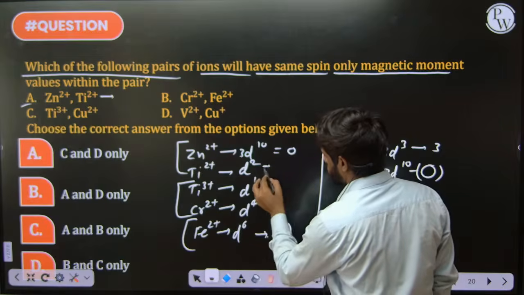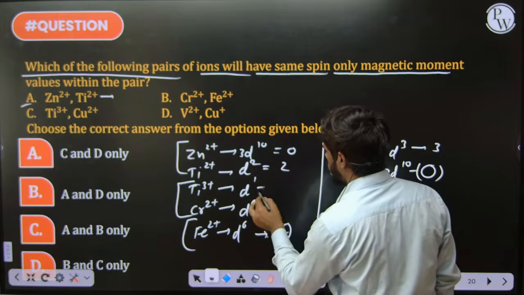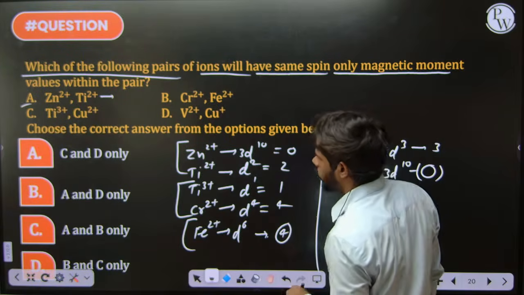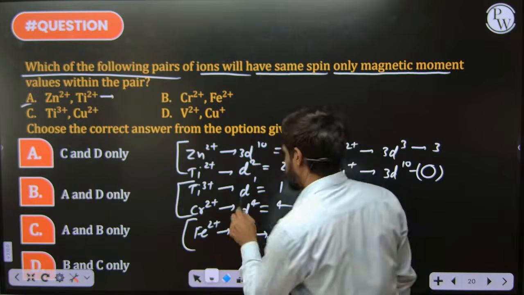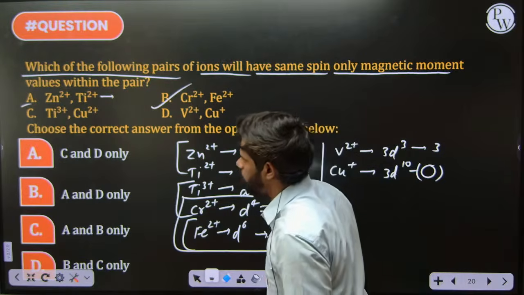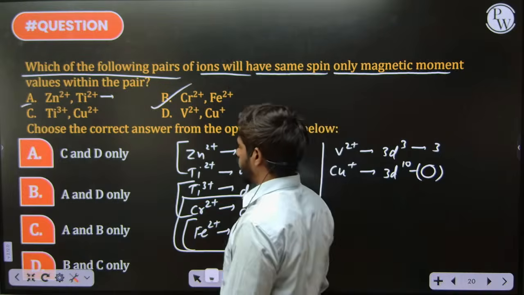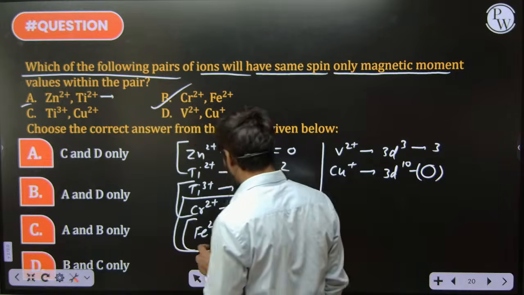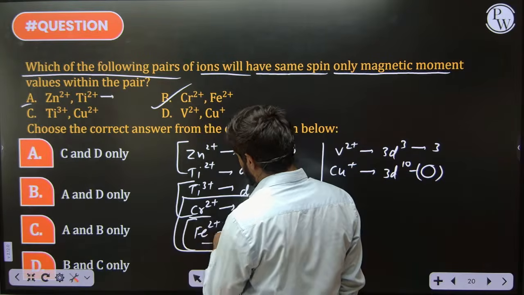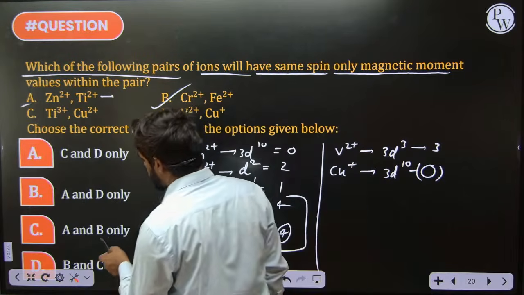Next it is 2 unpaired electrons, 1 unpaired electron, 4 unpaired electrons. So chromium 2+ and Fe2+ have the same spin magnetic moment value. So what is the correct answer? Chromium 2+ and Fe2+. That is option B, which is correct.